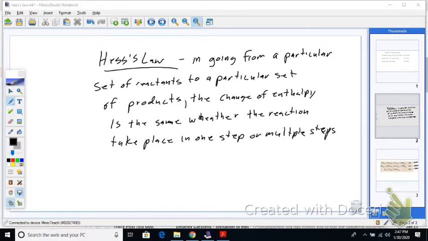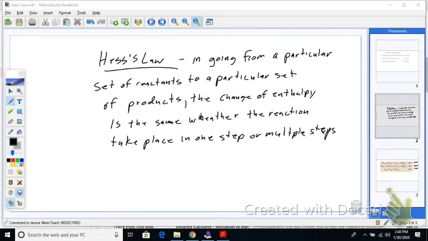And so what this is saying is that it doesn't matter how many steps it takes to get to your overall reaction. The energy associated with it is going to be exactly the same. Okay? It's kind of like going up in elevation.